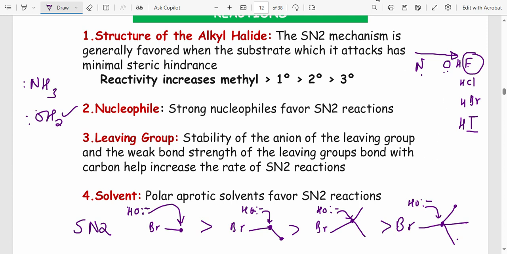And the more you go down, the bigger the atom becomes. So bigger atoms are going to actually act as, okay. I hope I haven't lost you too much. Did you get the strength of water and ammonia? Which one is stronger?